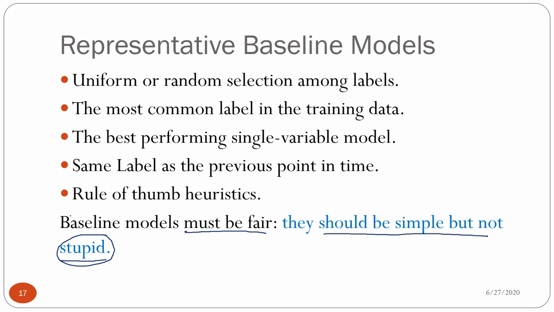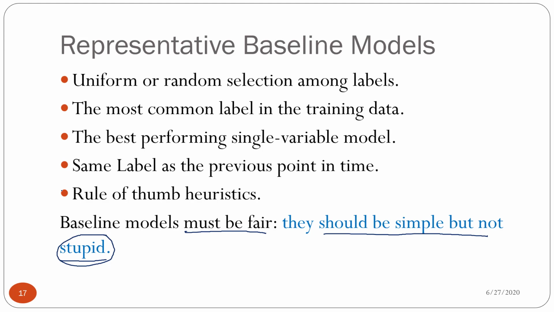Assume it's a binary classification problem, say whether the stock price will go up or not tomorrow. That's something you have to do today: predict whether the stock price will go up or down tomorrow. For that, we can start with a very simple baseline model, which corresponds to simply flipping a coin.